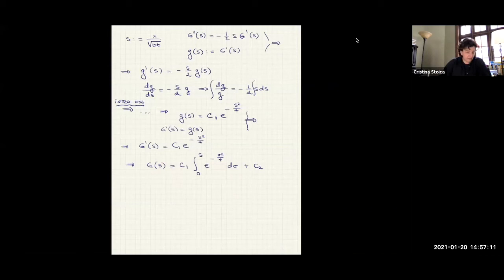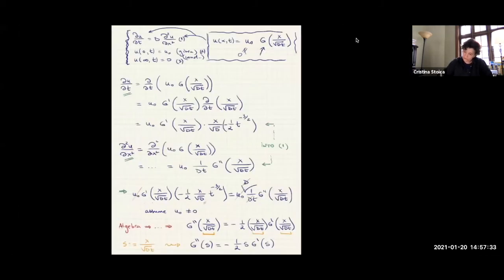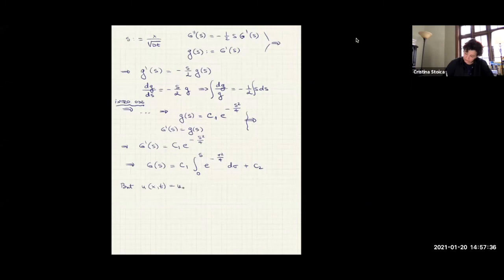Now we go back to the equation. We knew that u of x and t was u naught times g of x over root dt, where s is this, so g of s if you want.